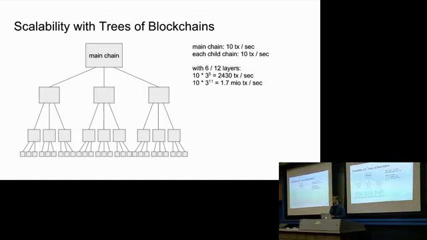Do all of these nodes in these child chains also belong to the main chain, or can they be completely independent? What do you mean by belong? I mean, being like a subgroup of the main chain. So each line in this diagram means that the bottom part regularly posts its state to the upper part.